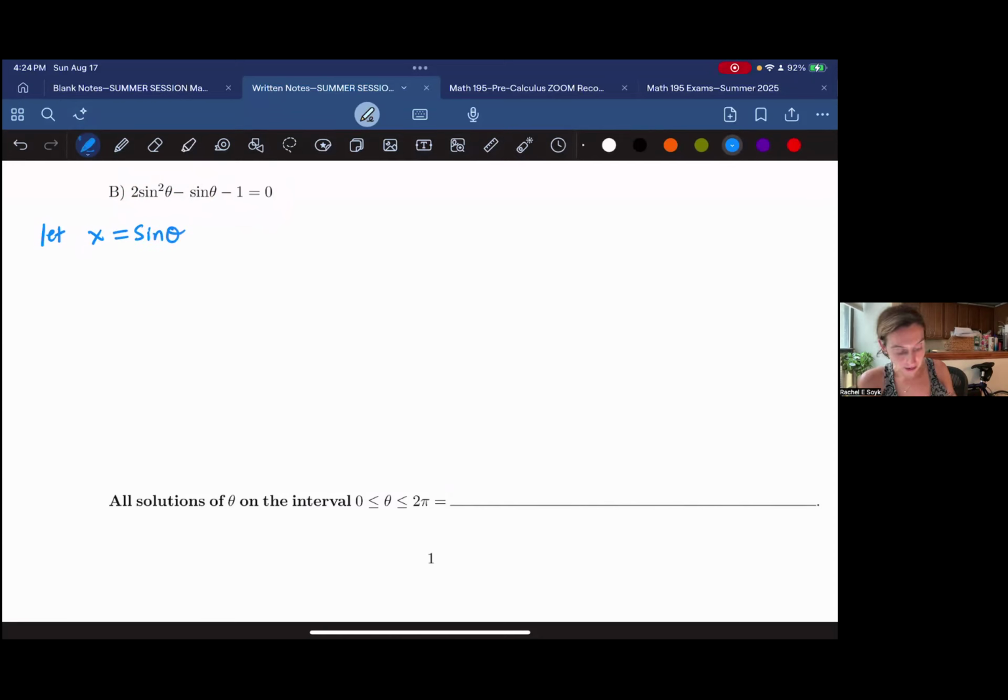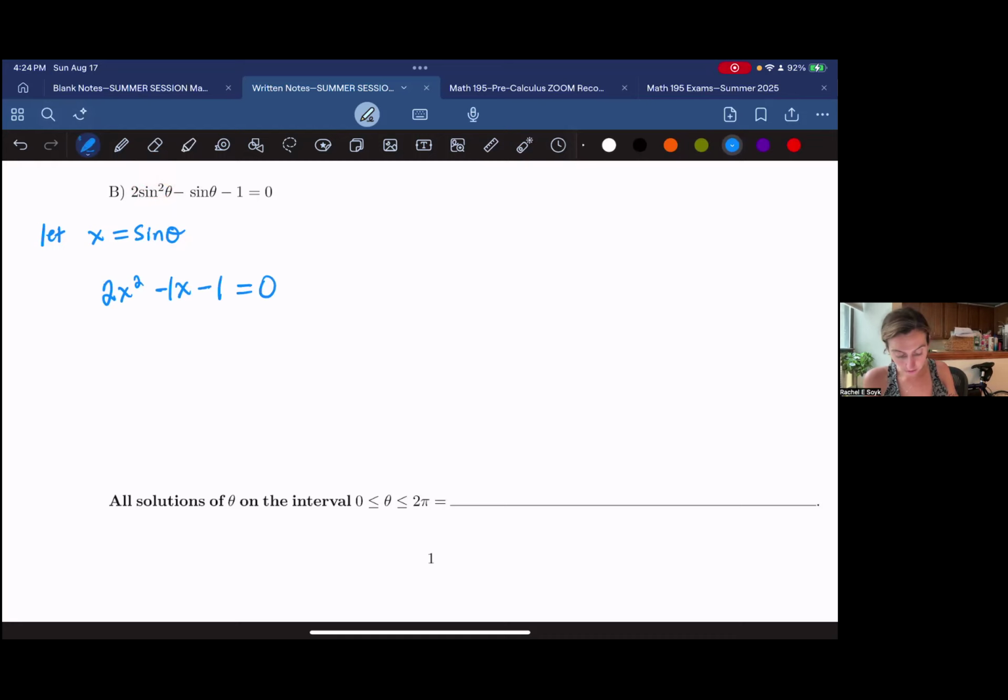And when we do that, we're going to replace every sine theta that we see with x. And because our first term has sine squared theta, we can replace that with an x squared. So we end up with 2x squared minus x, also known as just 1x, minus 1 is equal to 0.